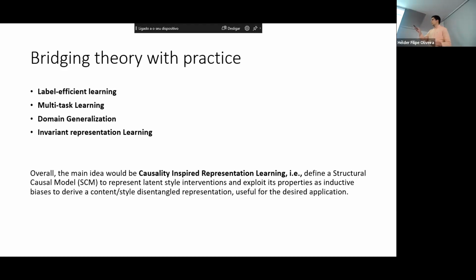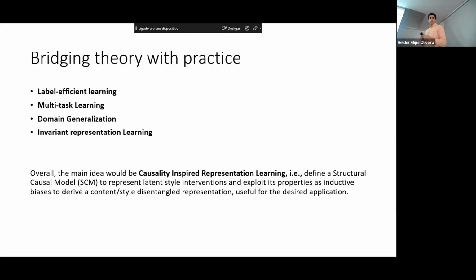And of course, invariant representation learning, where we are trying to induce our model to be invariant to certain features of our image, for example, to the scanner that was used to digitize a magnetic resonance image.